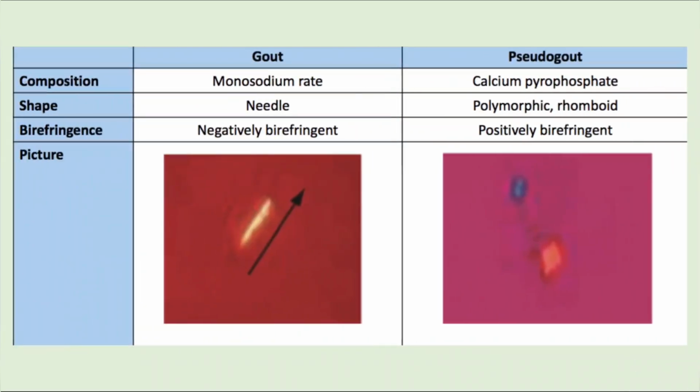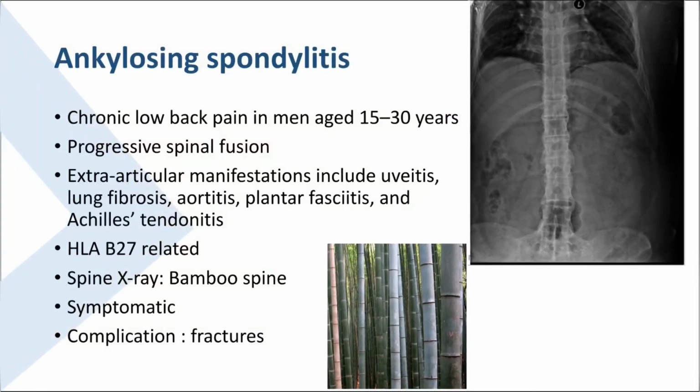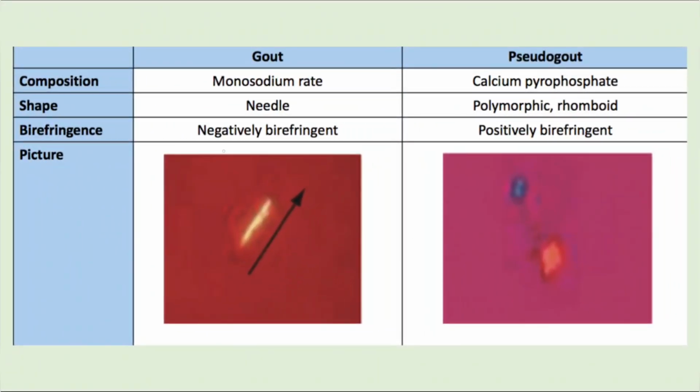Usually you refer such cases to orthopedics or the rheumatology team. So this is the differentiation between gout and pseudo gout on examining their fluid. You do not need to look at this too much, but just know that gout is negatively birefringent and pseudo gout is positively birefringent.